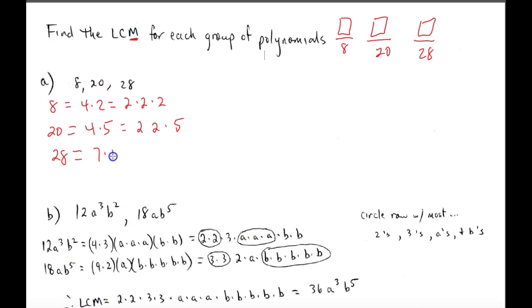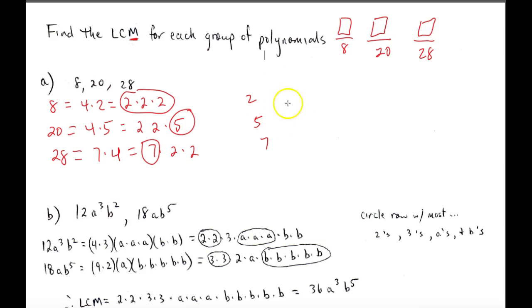And 28 is 7 times 4, which is the same as 7 times 2 times 2. So we see that the prime factors that we have here are 2s, 5s, and 7s. So we want to circle the row with the most 2s, the most 5s, and the most 7s. For 2s, we have three 2s here. For 5s, we only have one 5 there. And for 7s, we only have one 7 there.